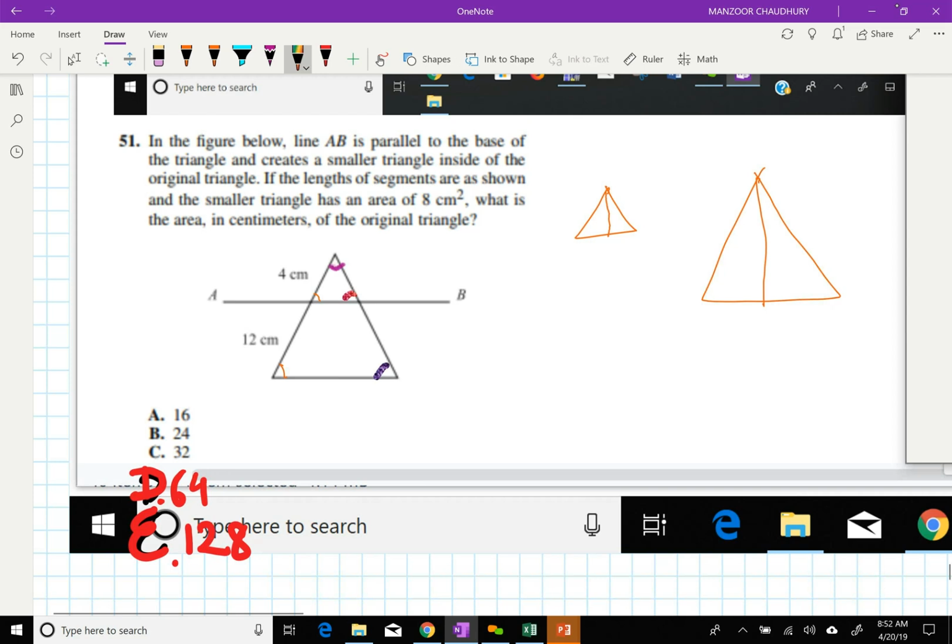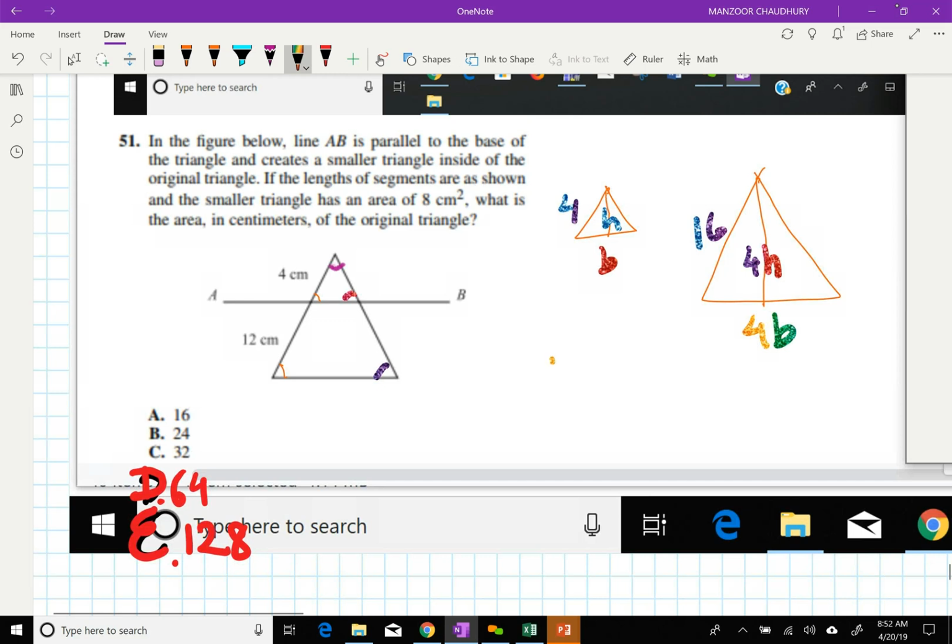And you can kind of see that one of the sides is 4, other side is 16. So basically, everything here is 4 times as big. This is base, this is going to be 4 times base. This is height, this is going to be 4 times height.